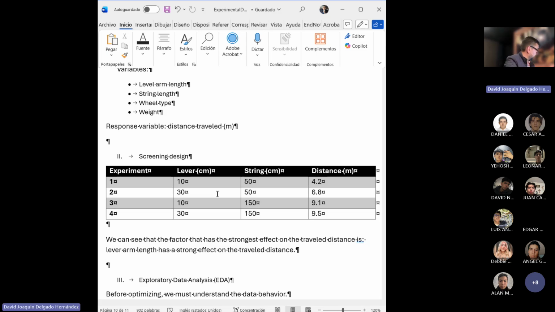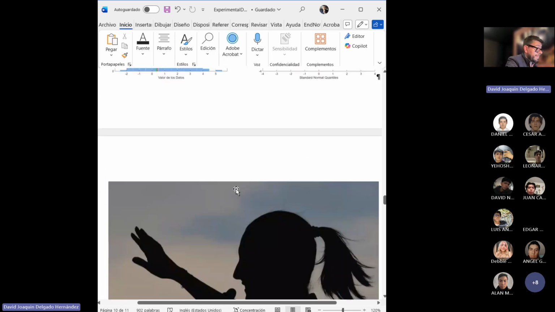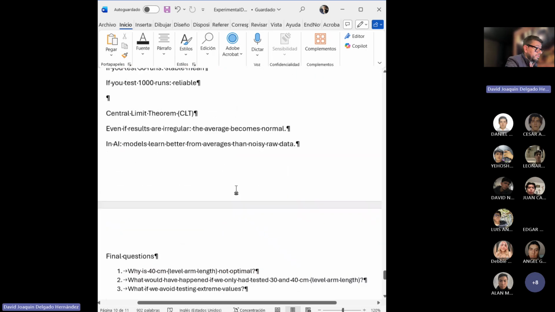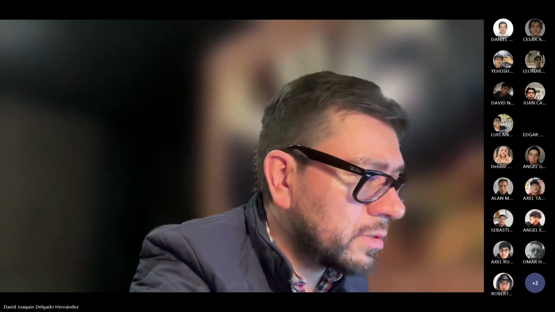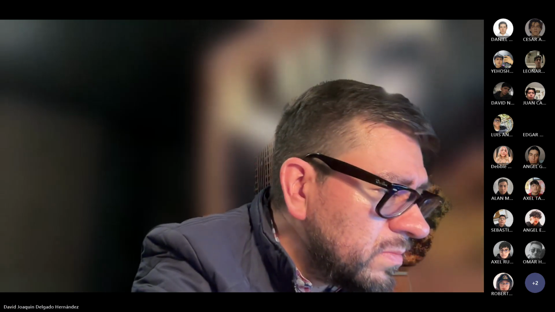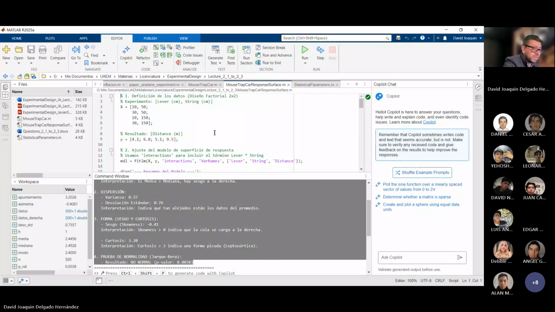Okay, you have this experimental design table, and I am going to share quickly the MATLAB. Look, based on that table, you can see that we have four different experiments.